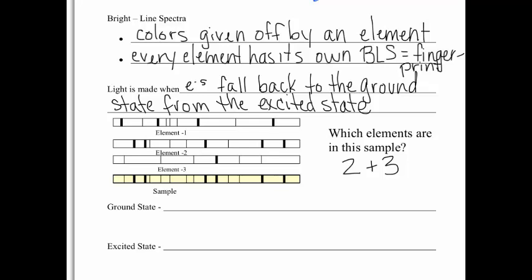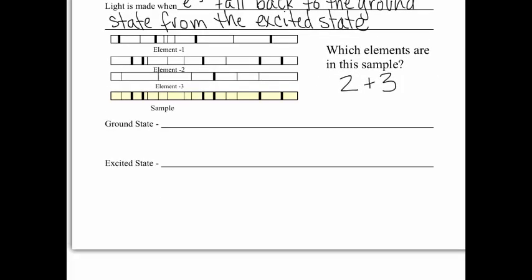Let's go ahead and define ground and excited state. Ground state is when the electrons are in the lowest energy levels possible.